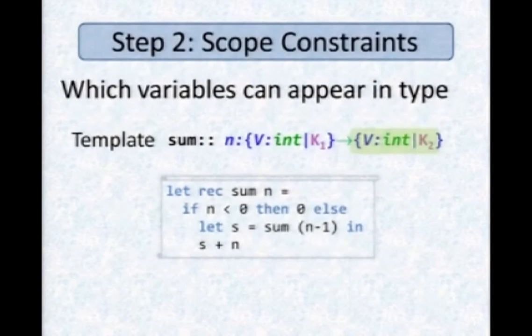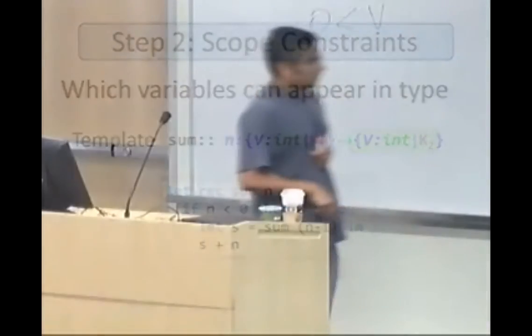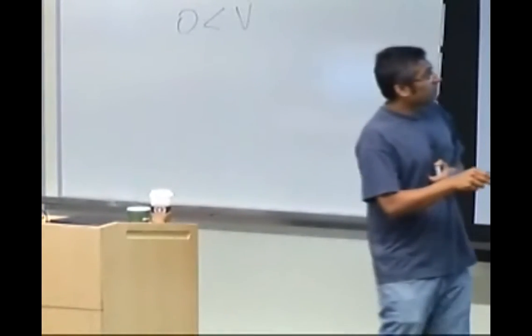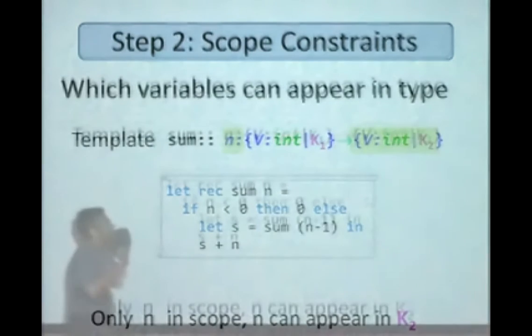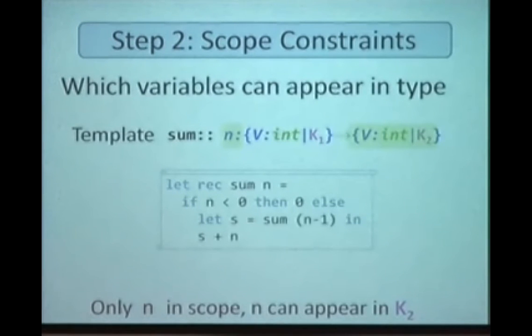Let's get to K2, which is the output. Here, as far as K2 goes, n is in scope because n was the input variable. I want to say something about the output in terms of the input. So n is in scope, and n can appear inside K2.